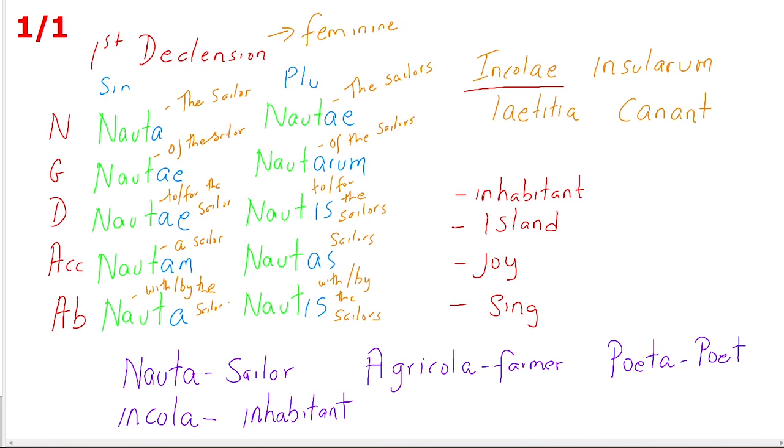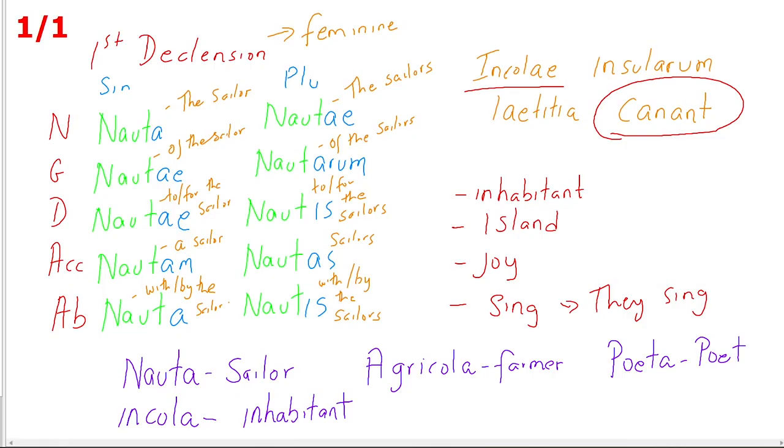Now we have to try to figure out how to form a sentence. So now let's start with the verb. So here the verb is cantant. So what does the ending of the verb reveal to us? Okay, cantant is which person? Third person plural. So what does it mean? They sing.